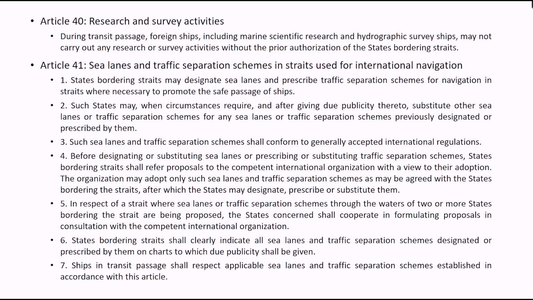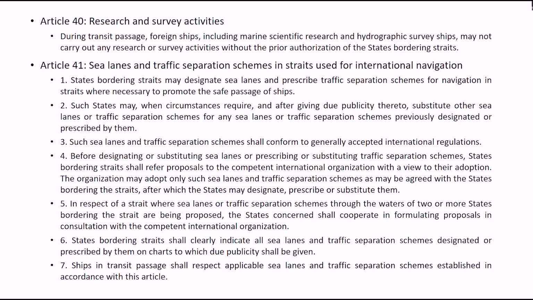As far as research and survey activities are concerned in transit passage, Article 40 says that during transit passage, foreign ships including marine scientific research and hydrographic survey ships may not carry out any research or survey activities without the prior authorization of the states bordering these straits.